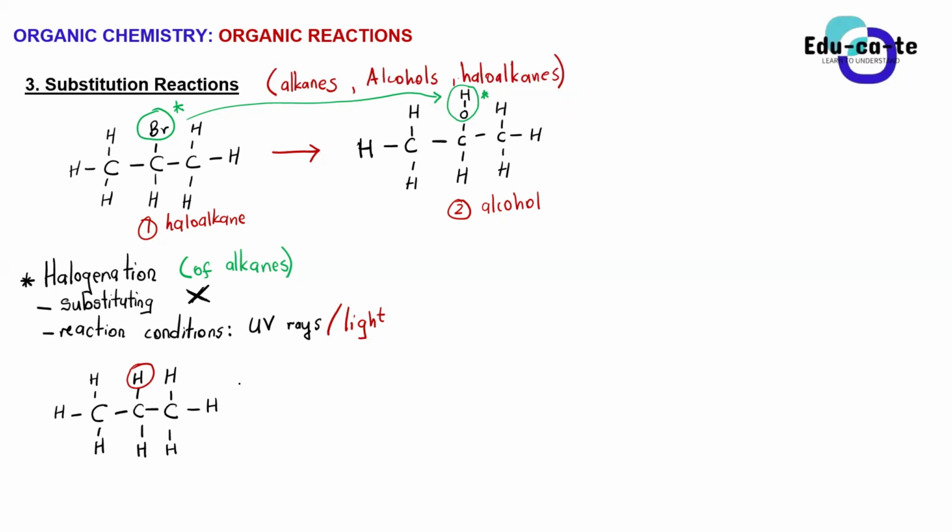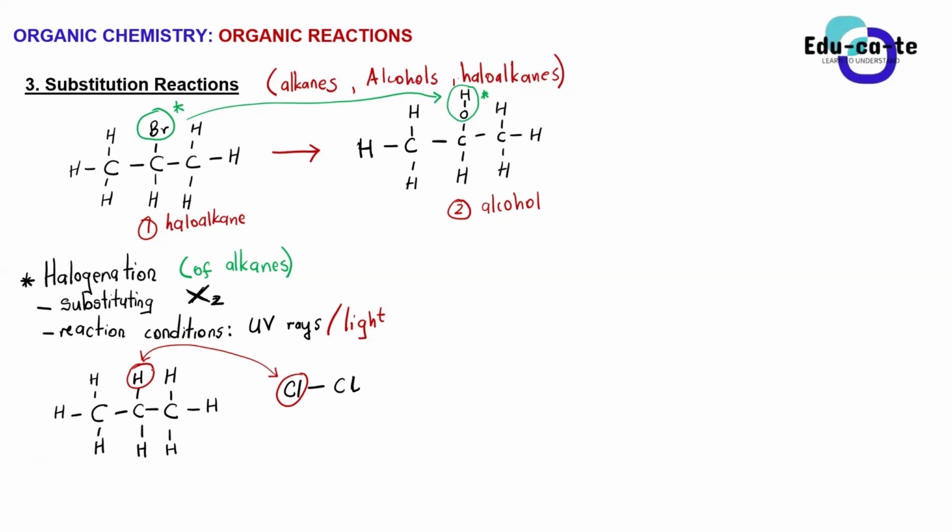So I'm going to use a halogen. Maybe Cl2. I don't just use one atom of the halogen. I use two of them. Like if I'm using Cl, I use two Cls. Okay. So what will actually happen here? This Cl that we have on one side, we're actually going to exchange it with the hydrogen.